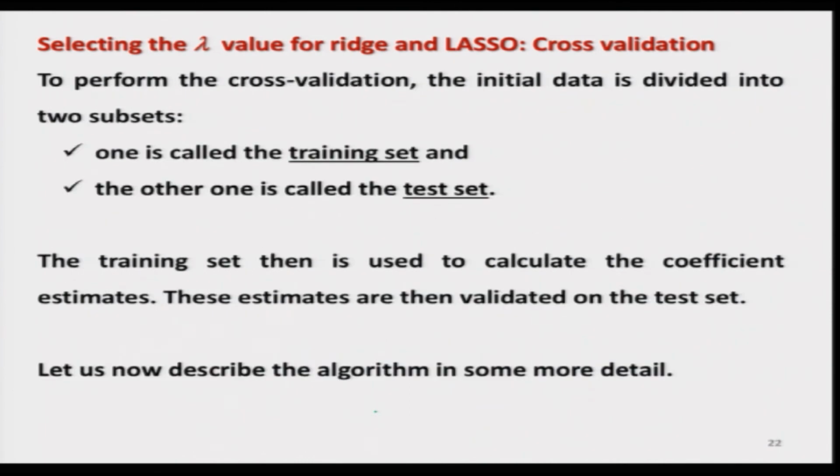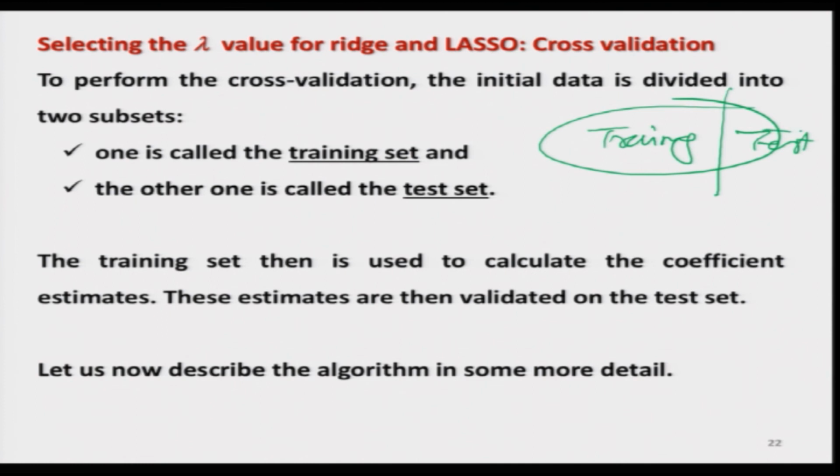So I am trying to divide the data set into 2 parts: the training data set and the test data set. The data on which you are going to fit the model is the training data set, and the part of the data where you are going to cross validate your model is called the test data set.